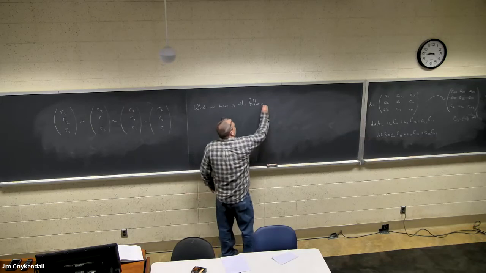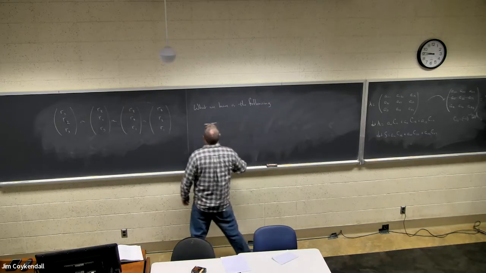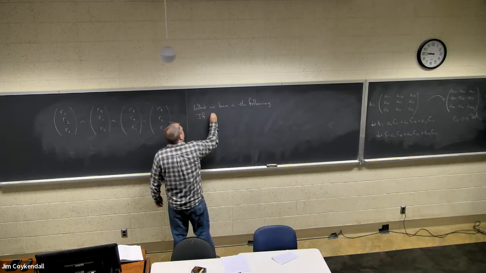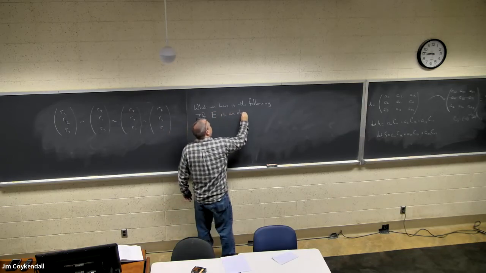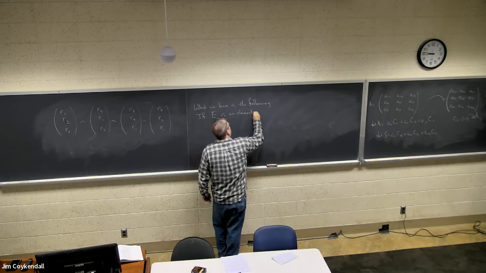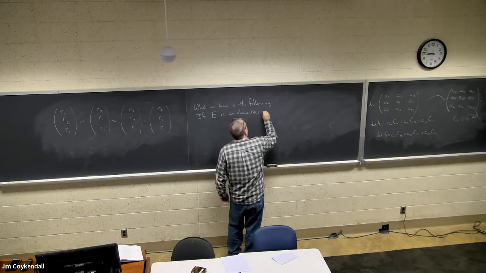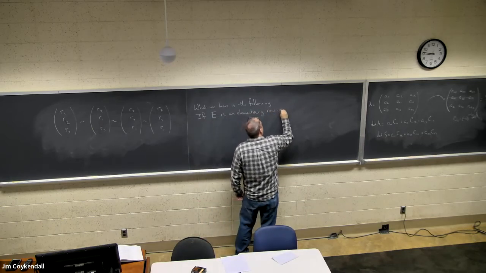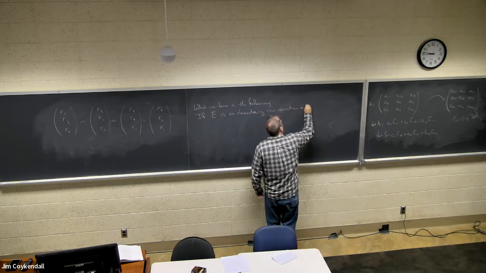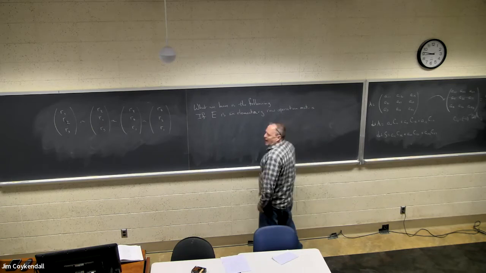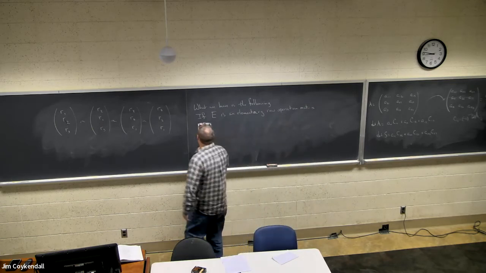So what we have is the following. If E is an elementary row operation matrix, and let me remind you what I mean.